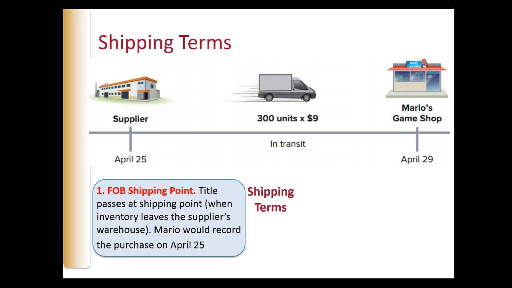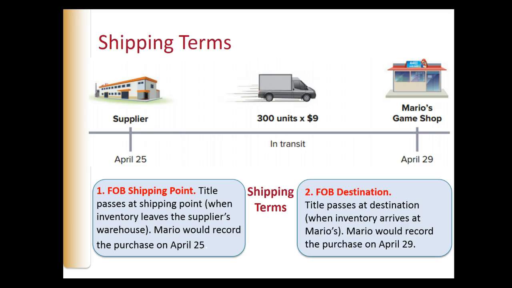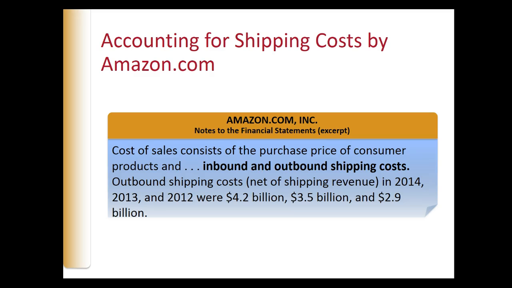In this case, Mario would record the purchase on April 25th. In contrast, if the seller ships the inventory FOB destination, then title transfers to the buyer when the inventory reaches its destination, and Mario would record the purchase on April 29th.